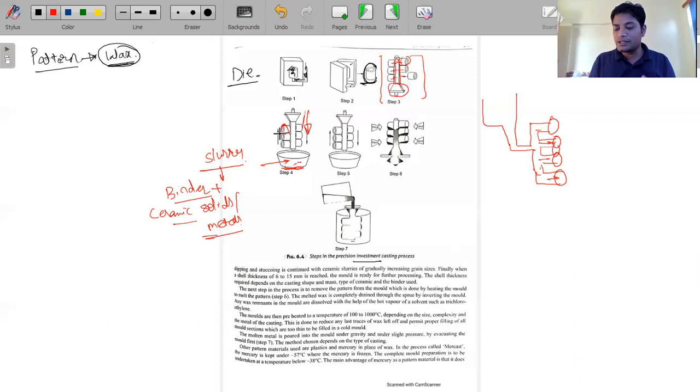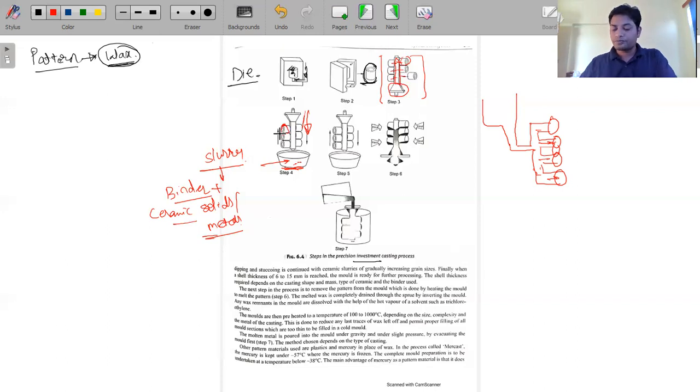Simply compare it with the plaster in our houses. First there is a brick, we construct a wall, and then we go for plastering. If you see the plaster, the surface roughness is a little bit more. Over that, what we do is we go for a POP.